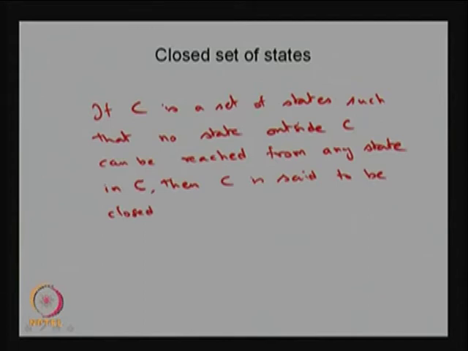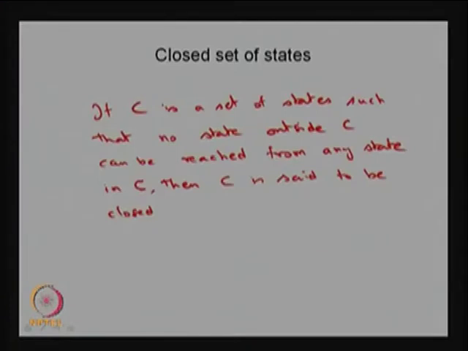So, whenever you create a collection of states and that set we call capital C, if it satisfies this property, then we say that set is called the closed set. So, we can combine the class property with the closed set property.